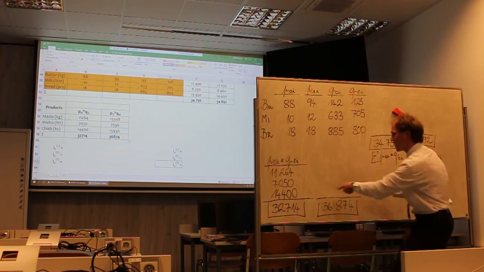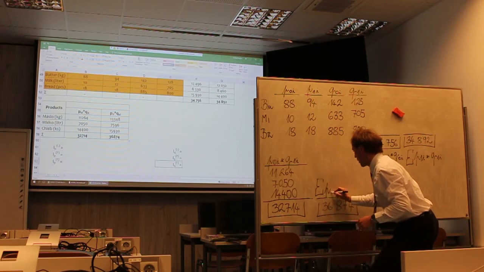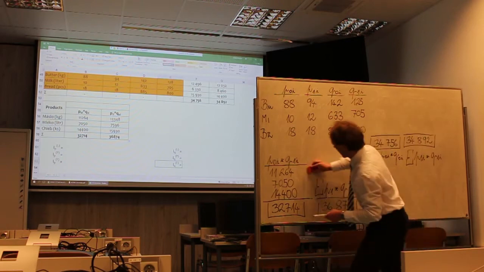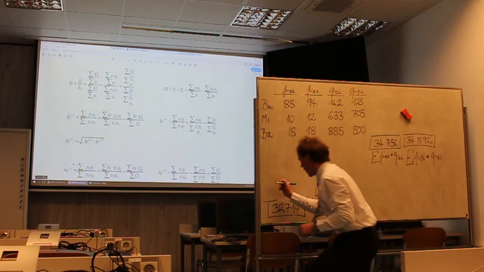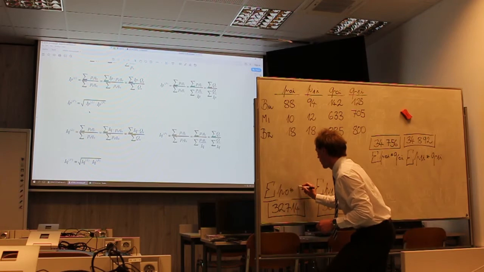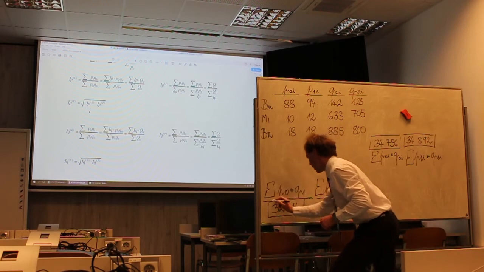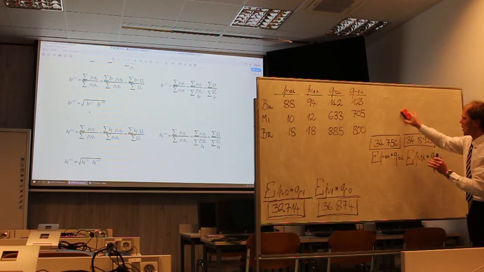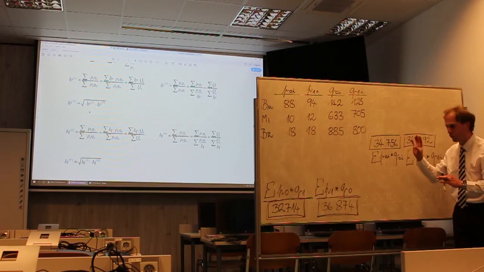So I will write here that this is summation P1 Q0, and there is summation of P0 Q1. So we have here these 4 types of revenues. Why we need these 4 types of revenues?